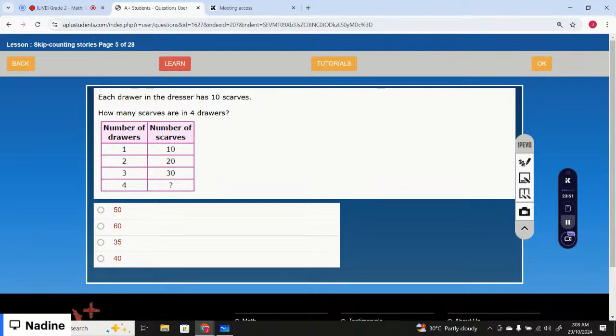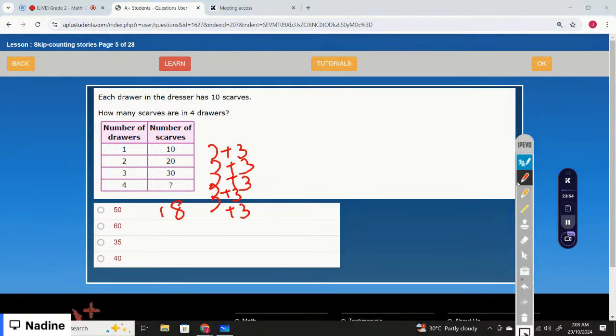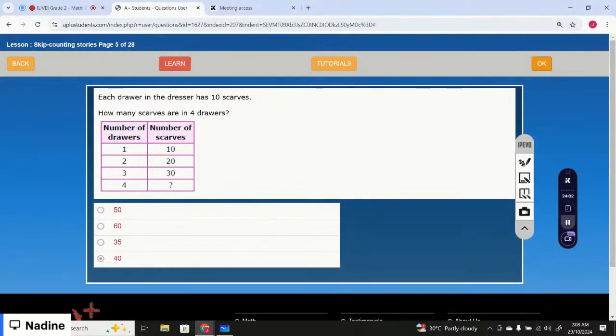Yes, they are increasing by 10. So in the fourth drawer, the total scarves are 40. The correct option is 40.